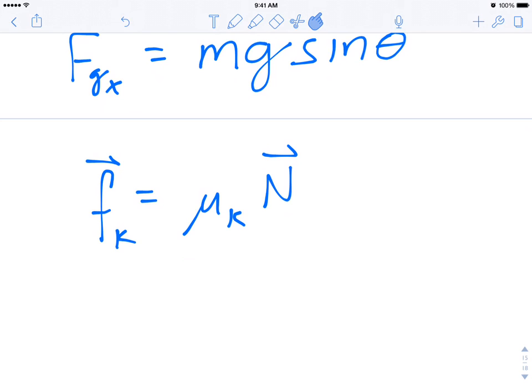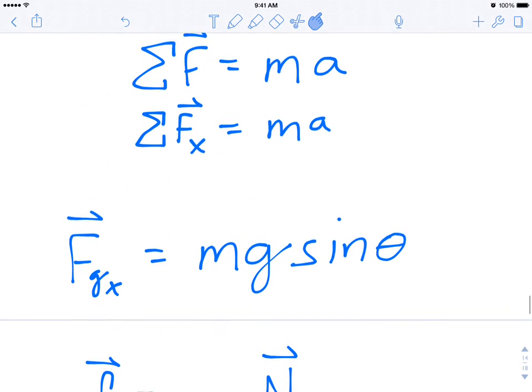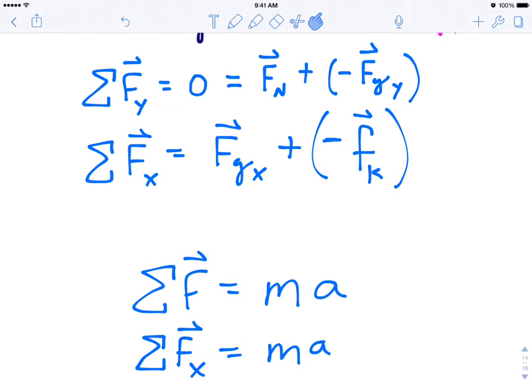Now, in this particular case, normal force, as we showed earlier, has to cancel out with the force of gravity on the y-axis. So, if I can figure out the force of gravity on the y-axis, I will know the size of the normal force.